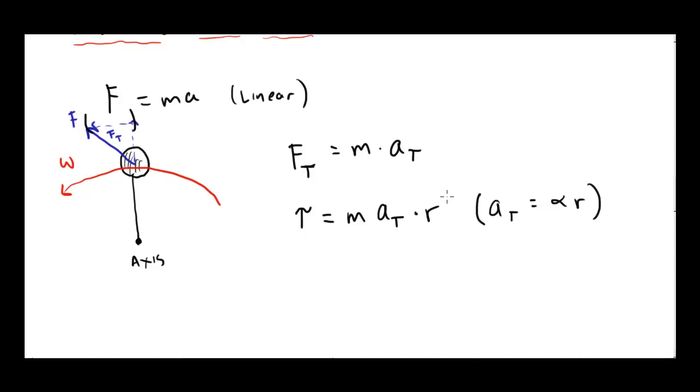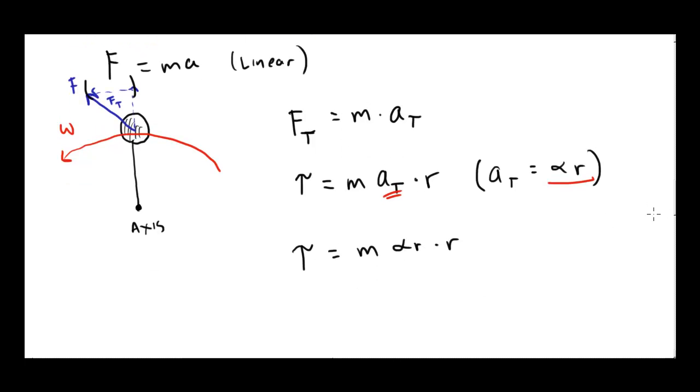In other words, I can plug in alpha r in for a_t, and then what am I going to get? Well, the torque now equals m times alpha r times r. I can rearrange some things here, and write that the torque equals m r squared times alpha. And lo and behold, what do we have?